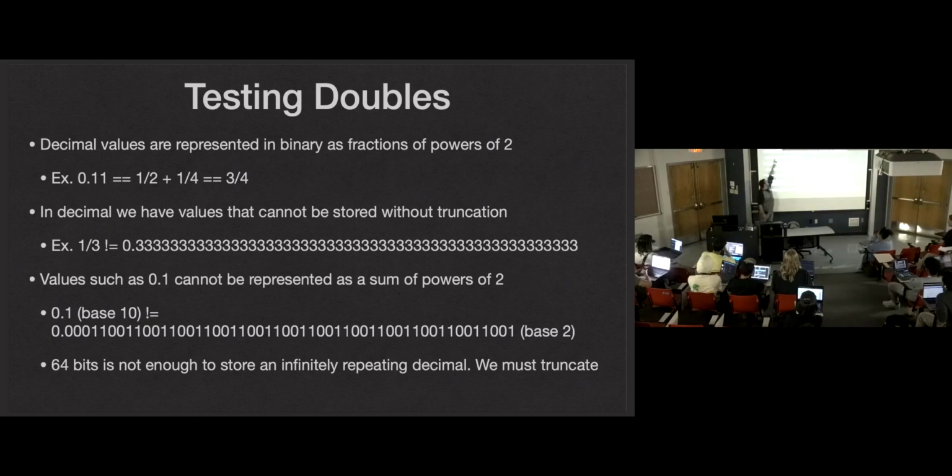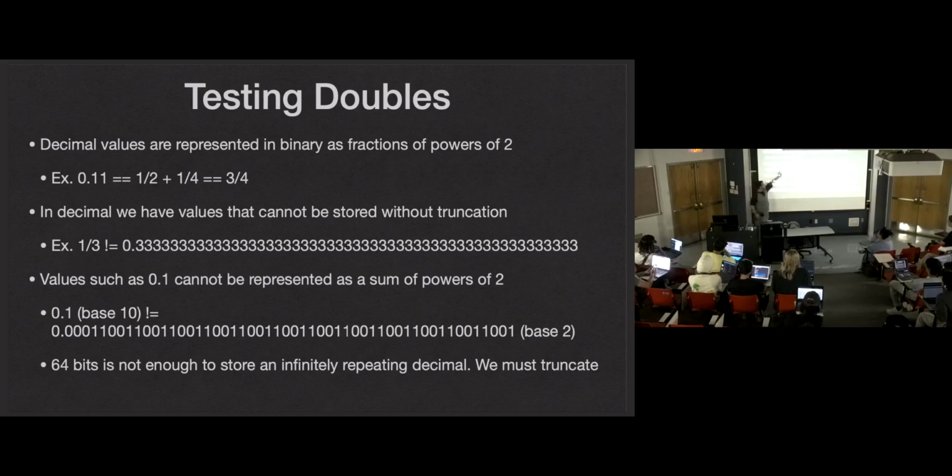In binary, it's the halves place, the quarters place, the eighths place, the sixteenths place. It's all powers of 2 instead of powers of 10, but it follows the same exact structure as decimal. So this is 1/2 plus 1/4. So 0.11 in binary is going to be 3/4. And in decimal, using this structure, there are certain numbers that we just can't represent.